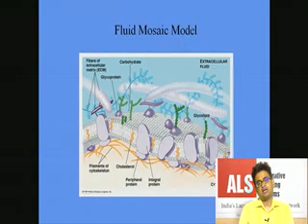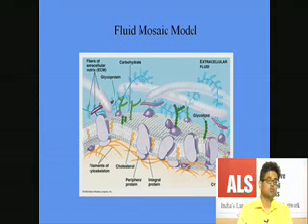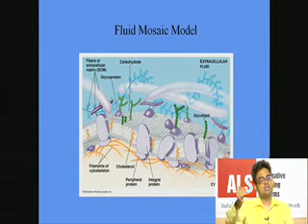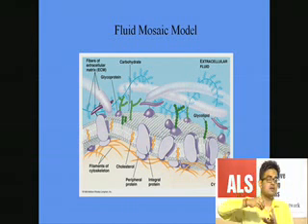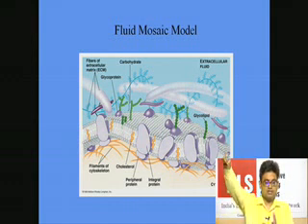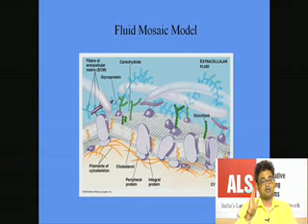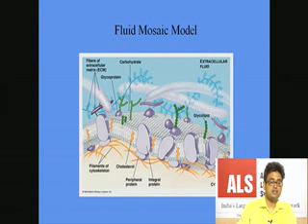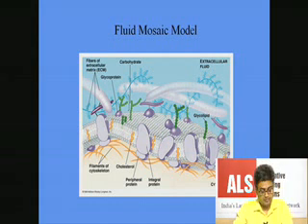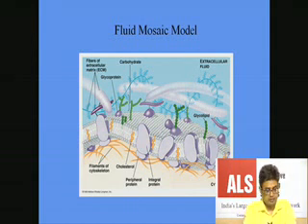The structure of the plasma membrane is explained by the fluid mosaic model, given by Singer and Nicholson. I already explained this model when I taught you the cell chapter, and I told you that the proteins in the cell membrane play a very important function. They help in transporting substances from one side to the other. I gave you a short introduction to the plasma membrane in the cell chapter.